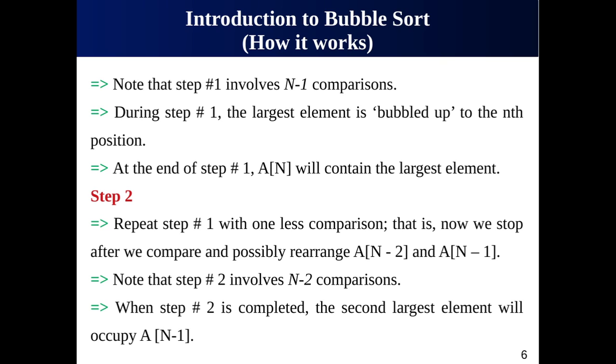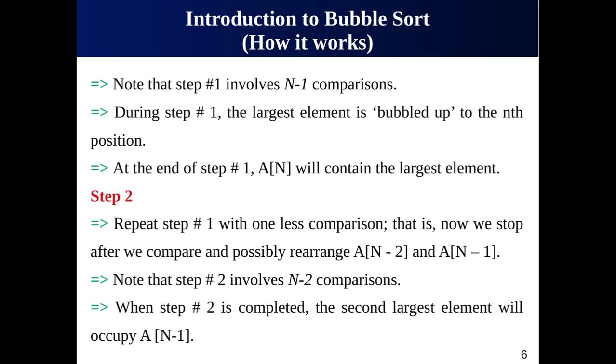That is, now we stop after we compare and possibly rearrange the last 2 elements. The last element is already in sorted form, so you do not need to make it part of the operation. So our last two elements are now a n minus 2 and a n minus 1.